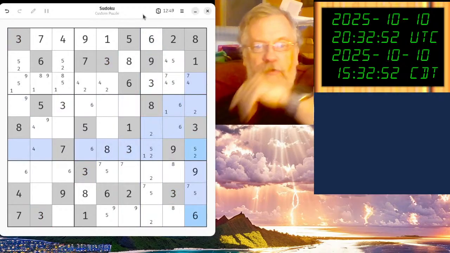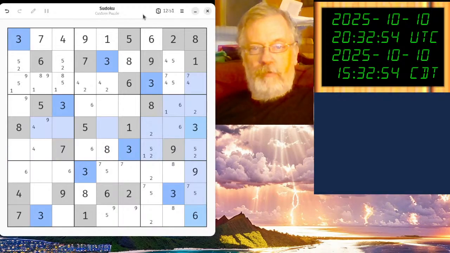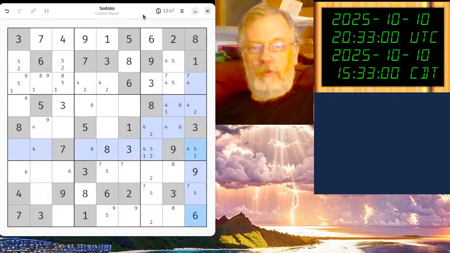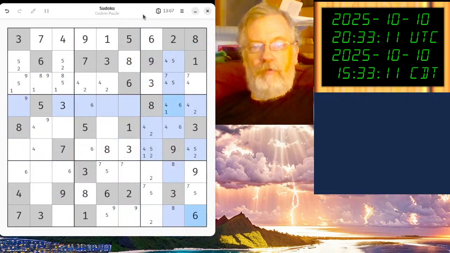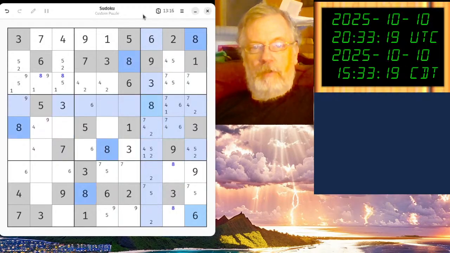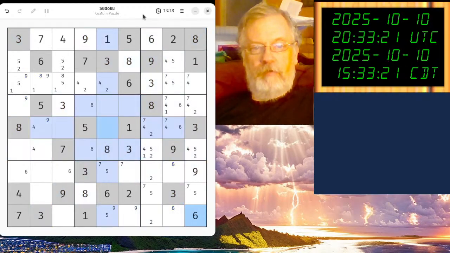Several possibilities for 2s. 3. Everything's currently possible for a 4. 2 possibilities for 5. 2 possibilities for 6. 4 possibilities for 7. 8 and 9 are givens.